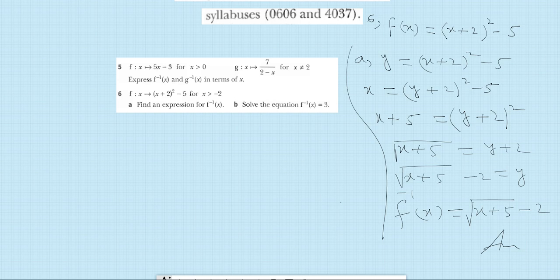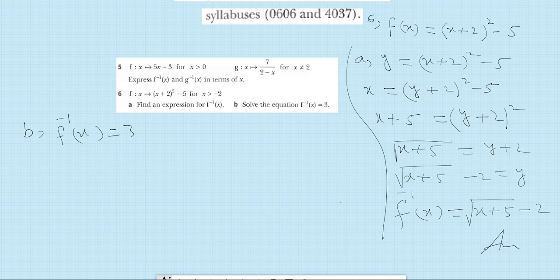Okay, so the next part is part B. Solve the equation f inverse x is equal to 3. Very easy. f inverse x is equal to 3. In part A, we have already found f inverse x.